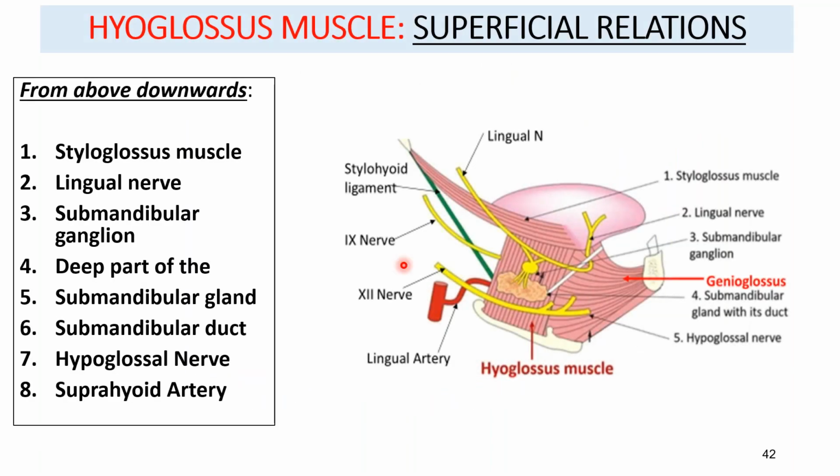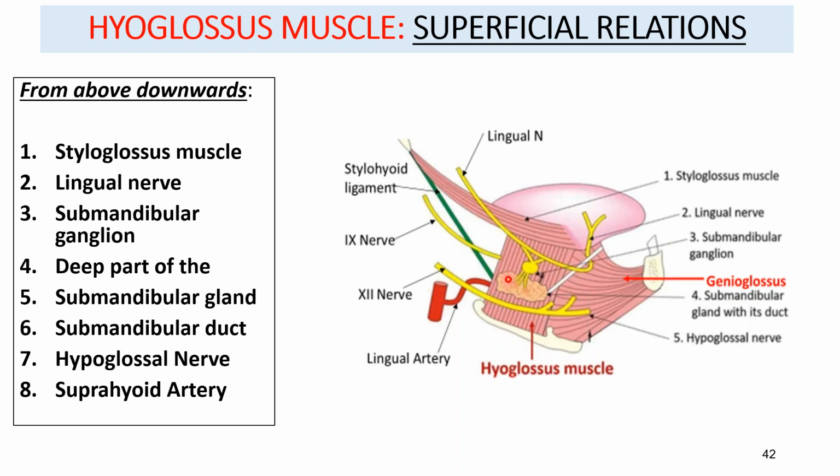Now, some relations are quite important for the hyoglossus. For example, the superficial relations of this hyoglossus muscle. Again, we ask you to draw this diagram. We ask you to enumerate these structures in order from above downwards, which are related to the hyoglossus muscle. So this is a very important landmark, the hyoglossus extending from the hyoid to the sides and inferior aspect of the tongue.